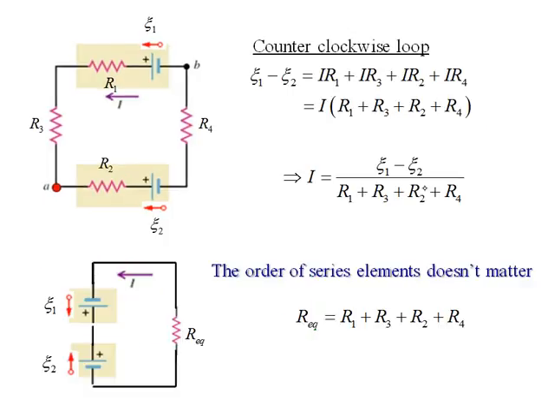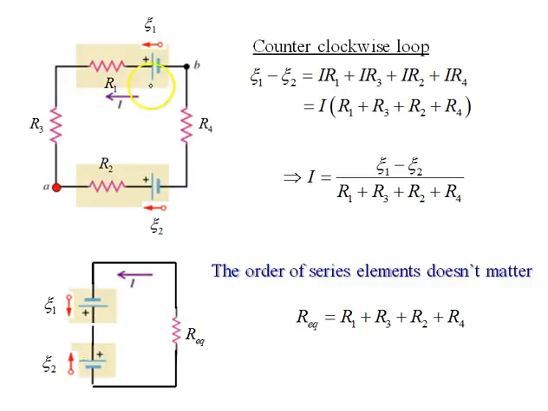We can also combine elements in series. We can combine the resistors to have an equivalent resistance. So it doesn't matter what position they're in. If they're next to each other, we can move them around. So we can also move around the EMFs, and we see that we have our E1 pointing upward now, and our E2 pointing upward.